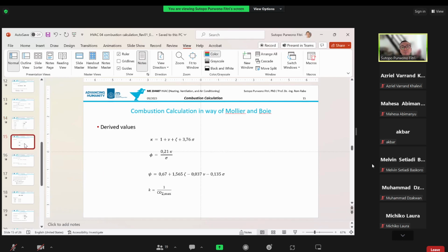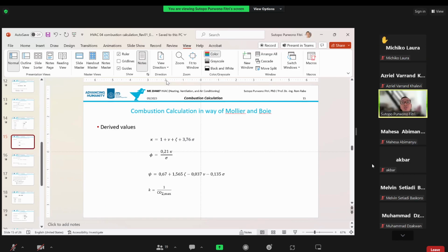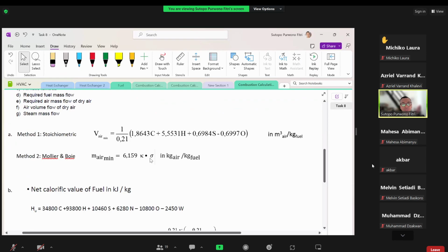Okay, so that is the second method, the Molière-Hennebeau. So I get back to the OneNote. This one, yeah. So you can calculate all the constants required for the Molière-Hennebeau, and then you can calculate the minimum air mass in kilograms of air per kilogram of fuel.